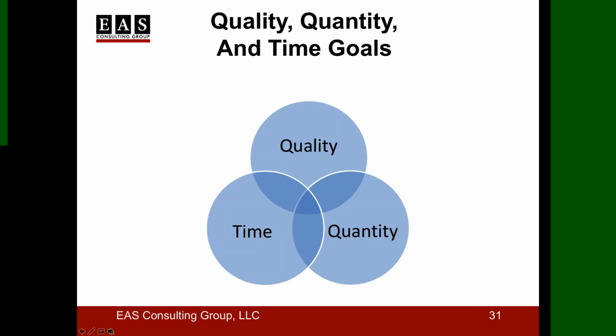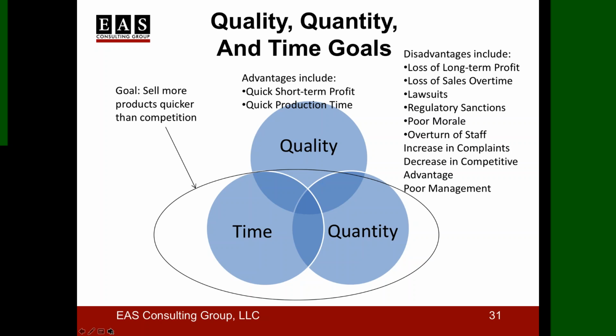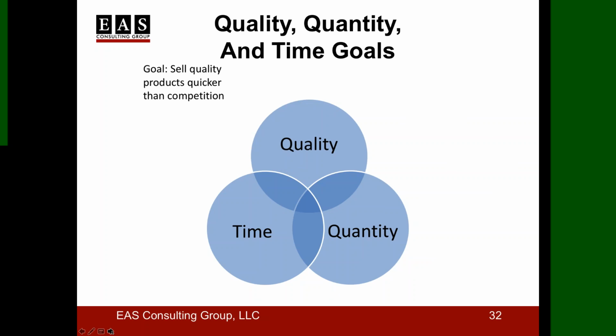So I just picked 3 different types: time, quality, and quantity. If your goal is to sell more products quicker than the competition, it's basically time and quantity. And here are the advantages, and here are the disadvantages. If your goal is to sell quality products quicker than the competition, that means that time and quality is important.